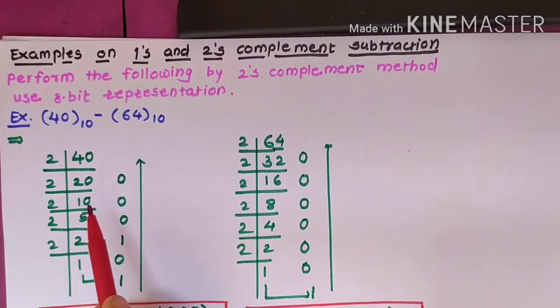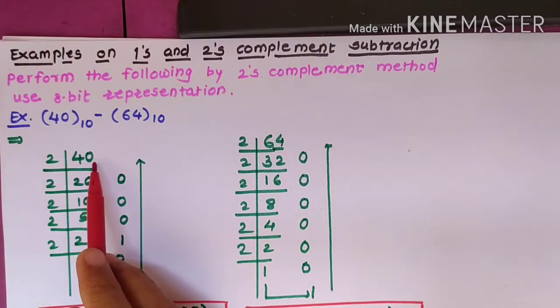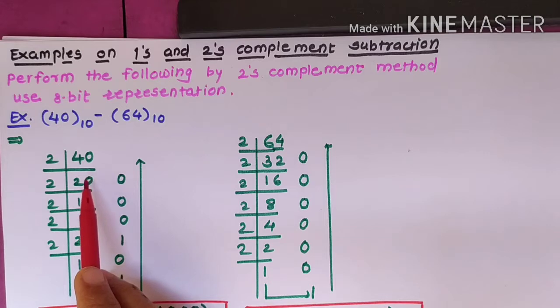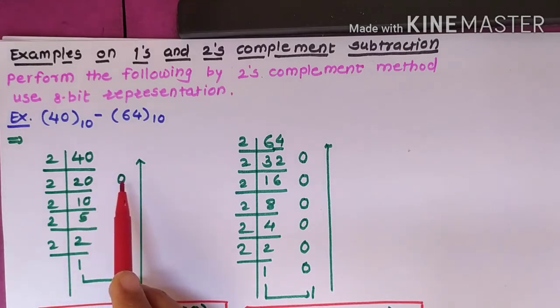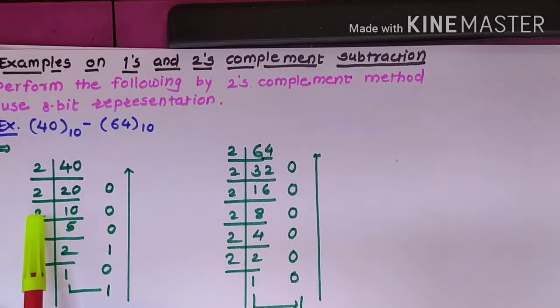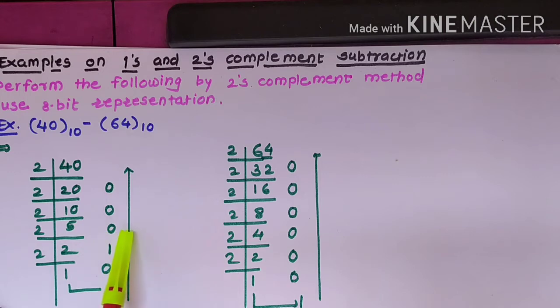Now this 40 decimal is divided by 2. 2 2s are 4, 2 zeros are 0, this is the quotient, remainder 0. Then 2 10s are 20, remainder 0. 2 5s are 10, remainder 0. 2 2s are 4, remainder 1.